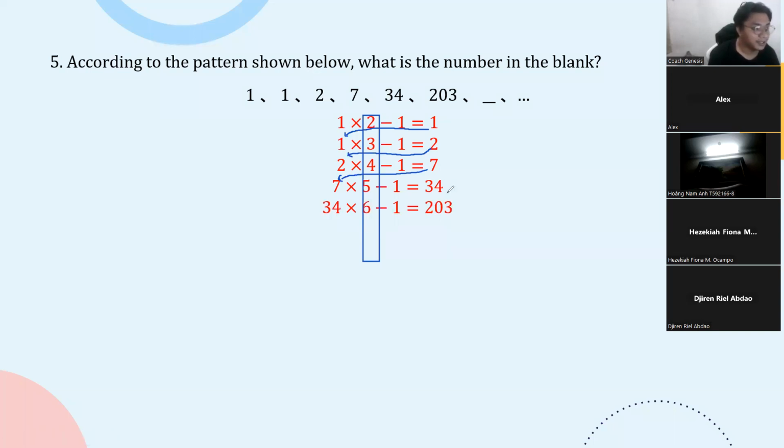Next, 34 multiplied by 6 minus 1, that is 203. Now the question asked for the term after 203. So that will be 203 multiplied by 7 minus 1 is equal to 1,420. So that is the number in the blank, 1,420.